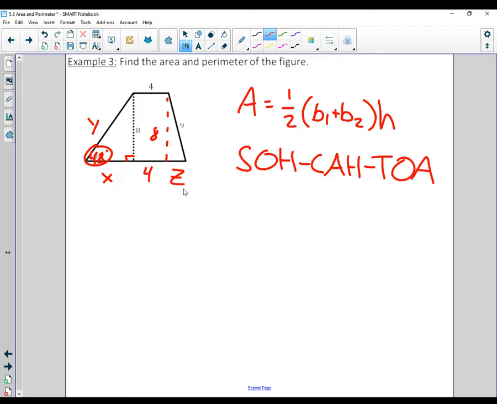The one that deals with opposite and adjacent is tangent, the T, TOA. So that means the tangent of 48 degrees equals opposite 8 over X.